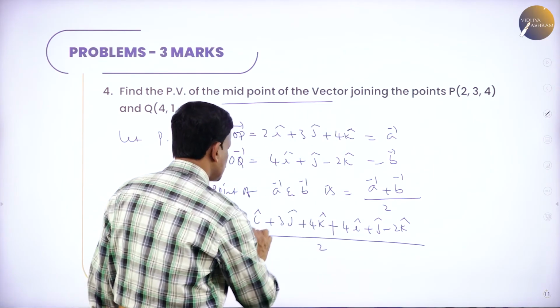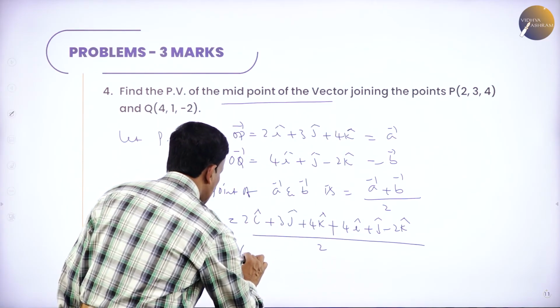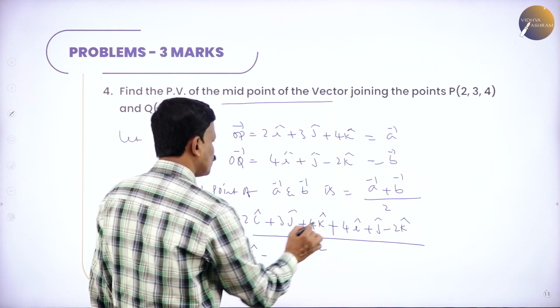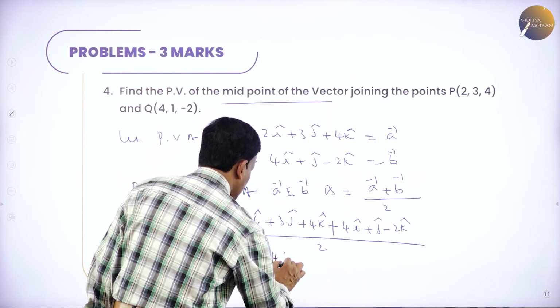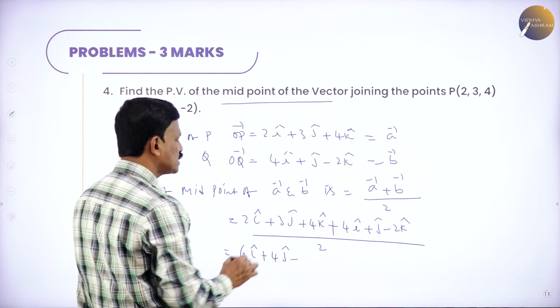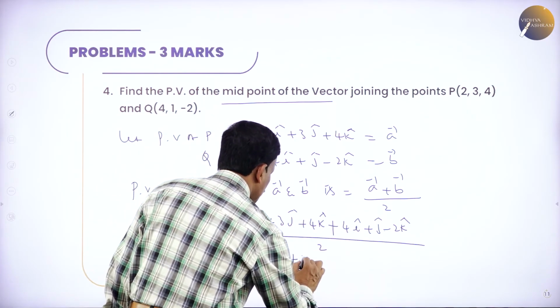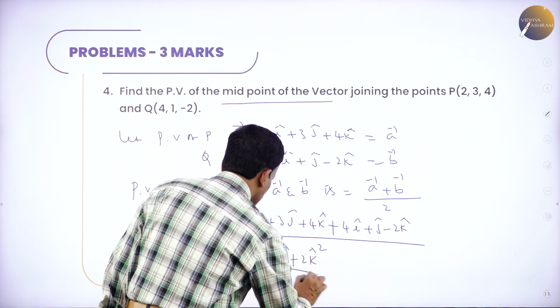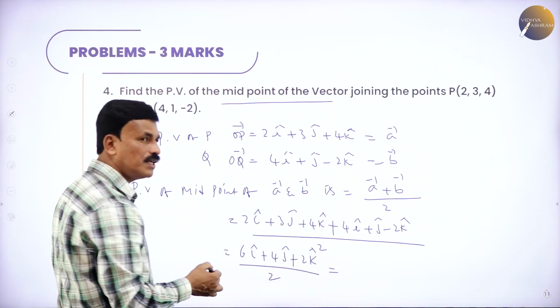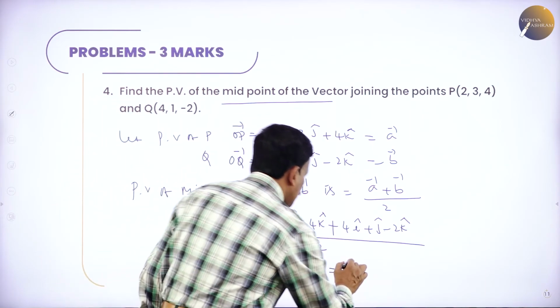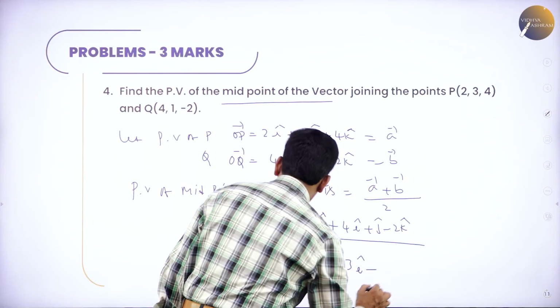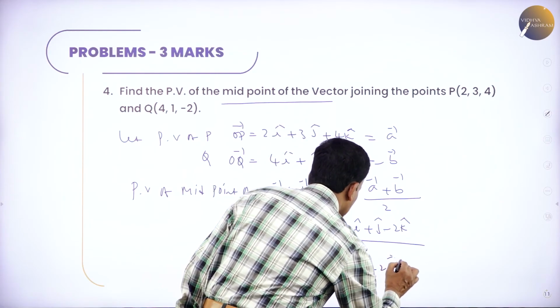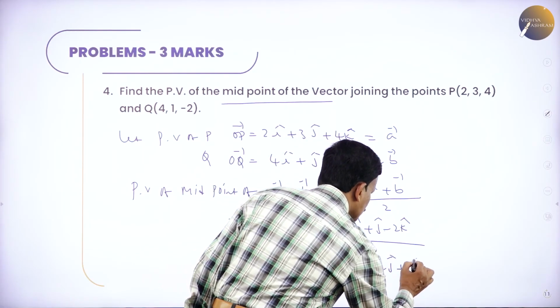This can be written as 6i cap, 3 plus 1 is 4j cap, 4 minus 2 is 2k cap, divided by 2. If we divide by 2, we will get 3i cap plus 2j cap plus 1k cap.